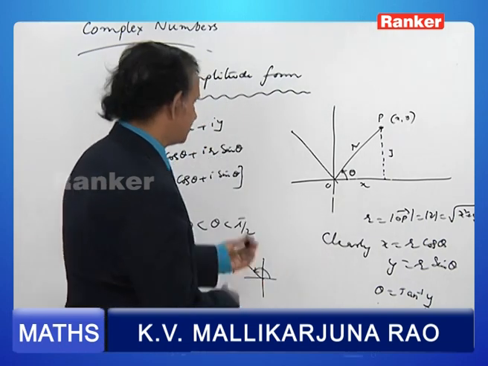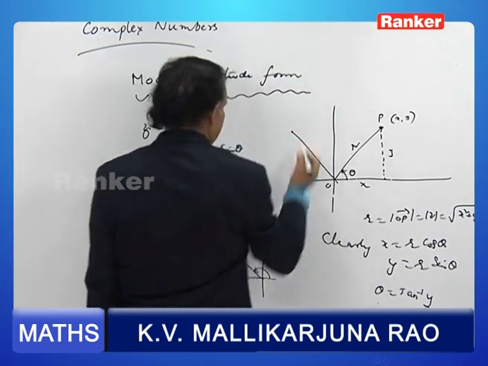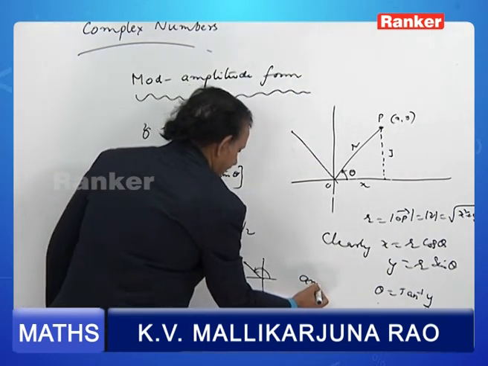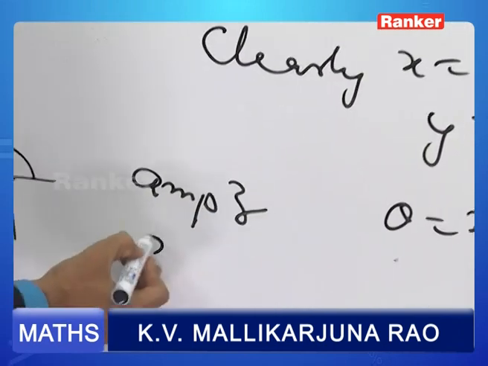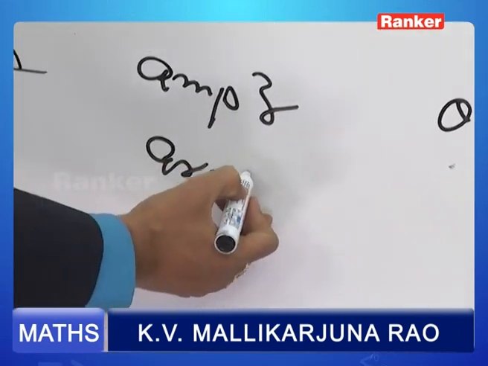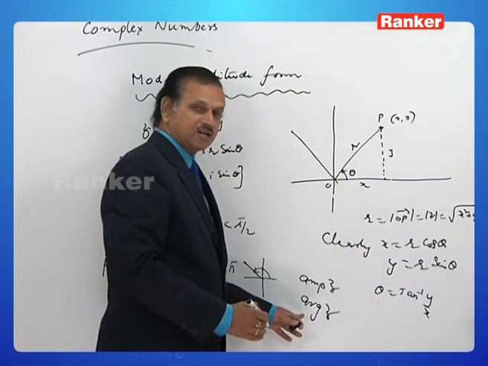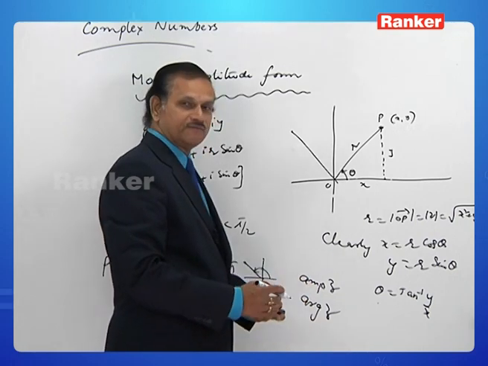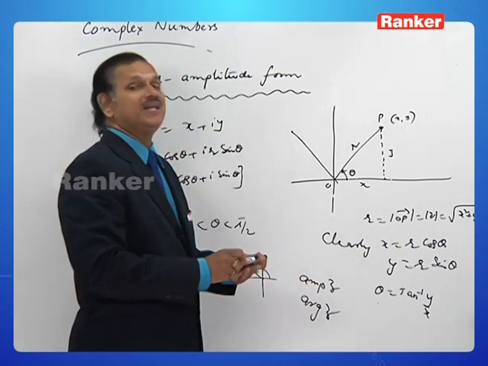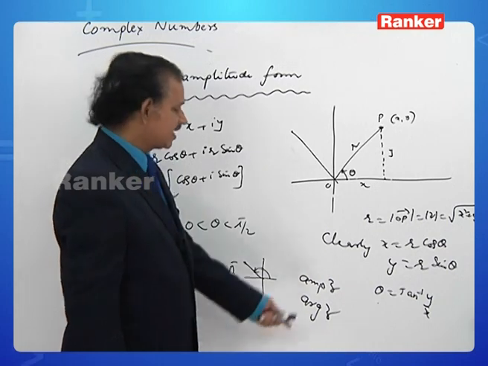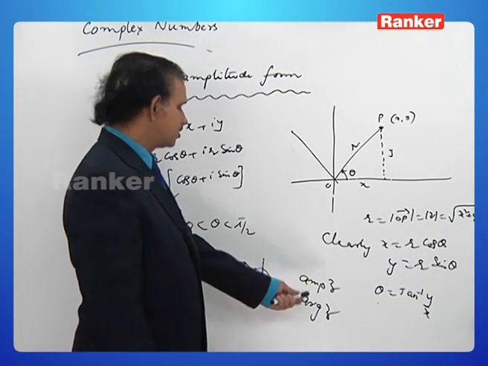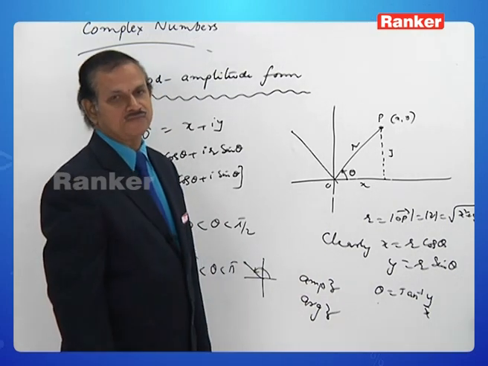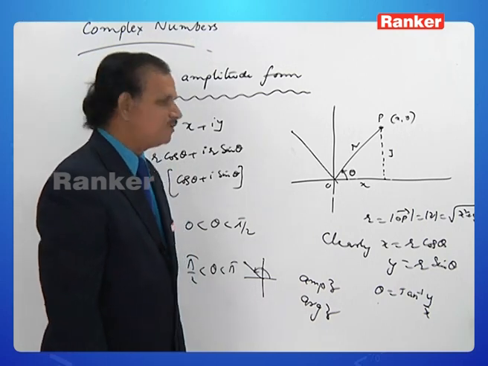It can be represented in two ways, either amp of z or arg of z. We read it as argument of z, we read it as amplitude of z, which we mean in the same way, which can give us the same meaning. That is the standard amplitude.